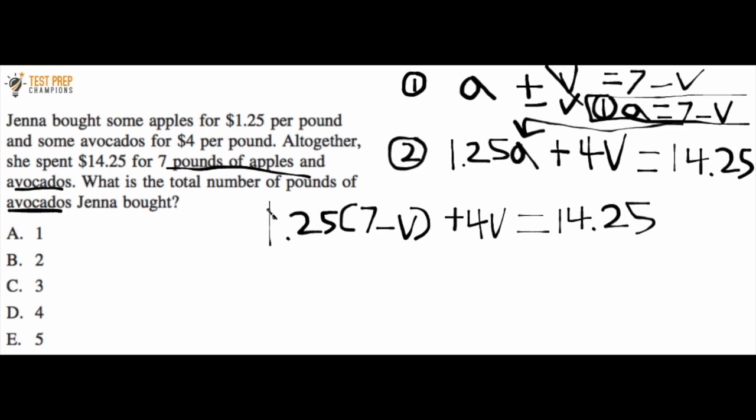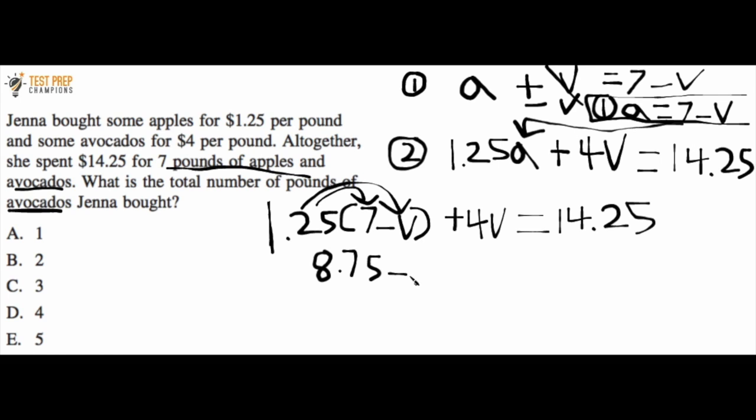Now this 1.25, I'm going to distribute it. And like I said, it's fair game to use a calculator. First I'm going to multiply 1.25 times 7, which in my calculator I get 8.75. Now I'm also going to multiply 1.25 by V, but I have to remember this minus sign here.